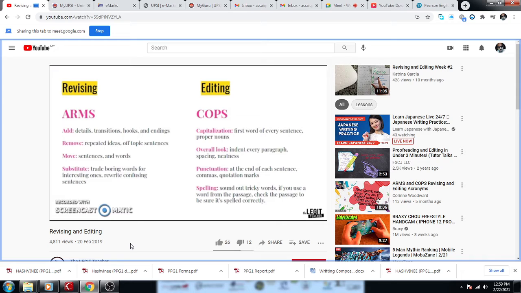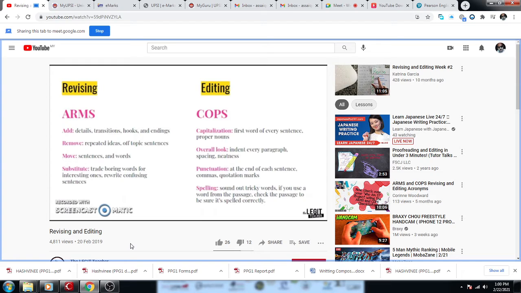ARMS stands for add, remove, move, and substitute. When you are revising your essay, you want to add details. Make sure you've added all of your transition words. If you're missing a hook or one of your endings, you want to add those in when you are revising your essay. You want to remove any repeated ideas and any sentences that are not a part of the topics that you planned.